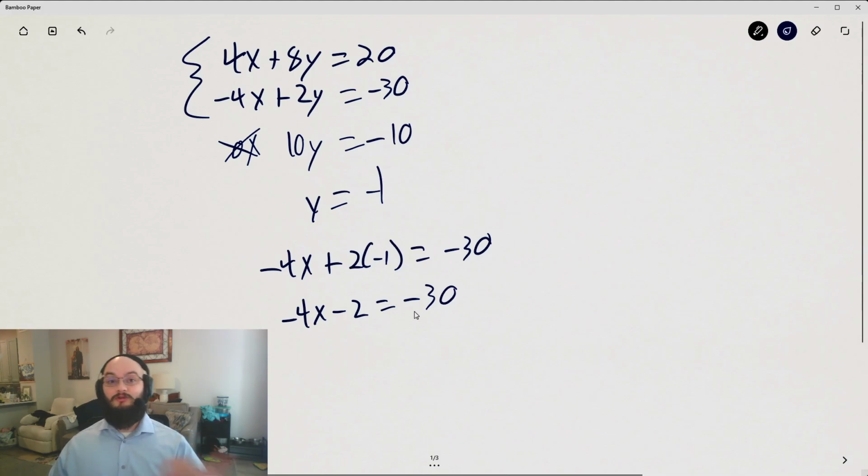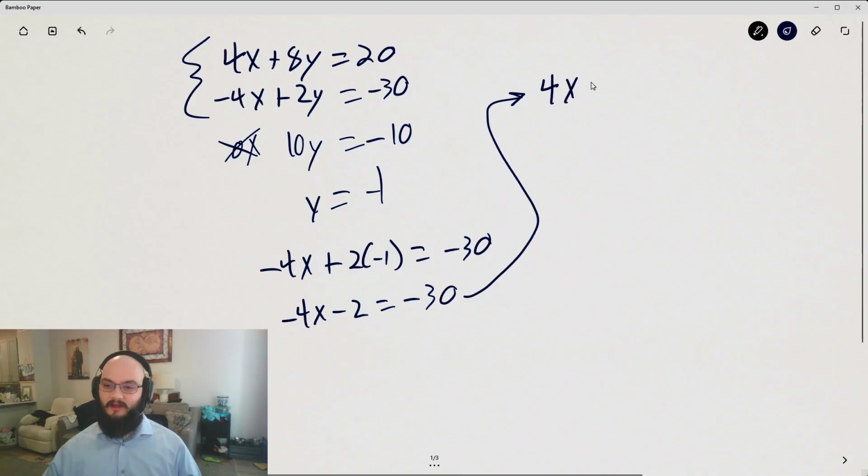And the way we do that is we multiply both sides of the equation by negative 1. So we'll have 4x plus 2 is equal to 30, multiplying both sides of the equation by negative 1. Subtract 2 from both sides. 4x is equal to 28.